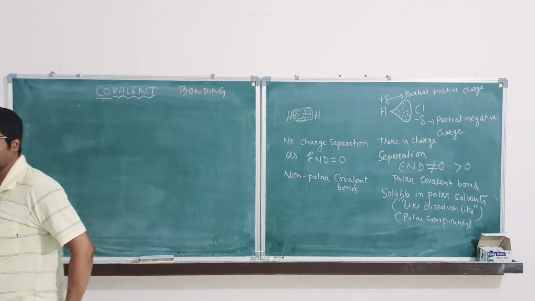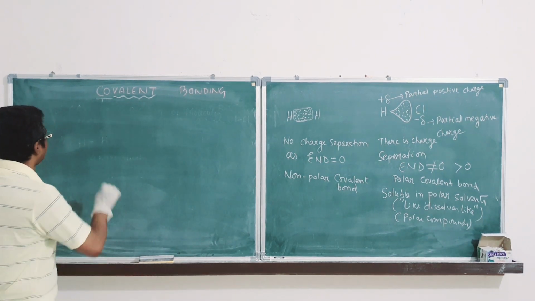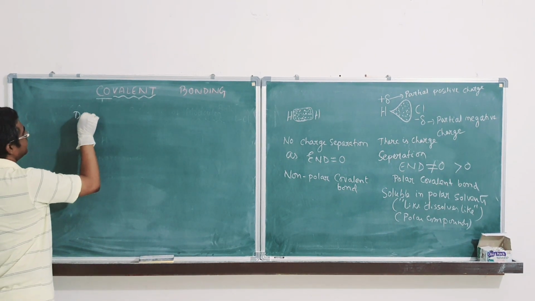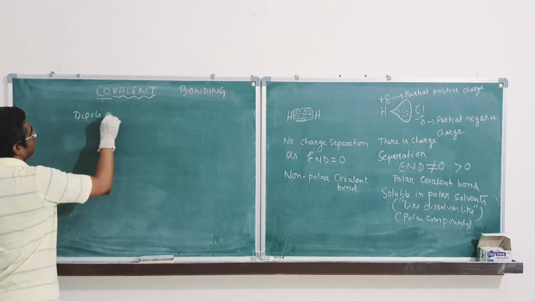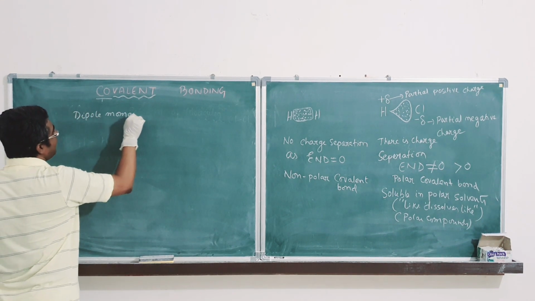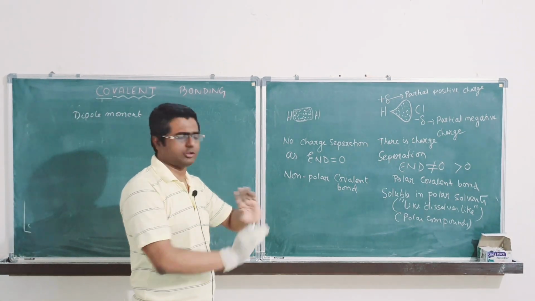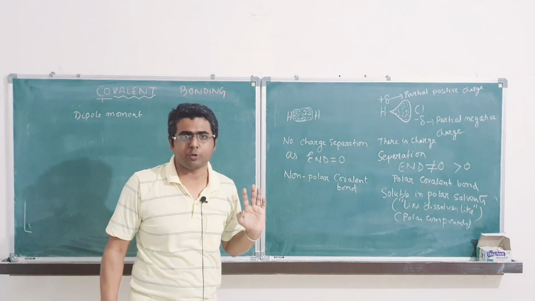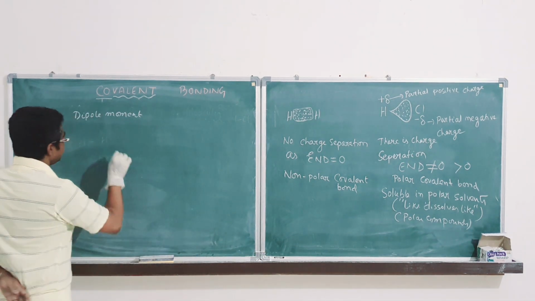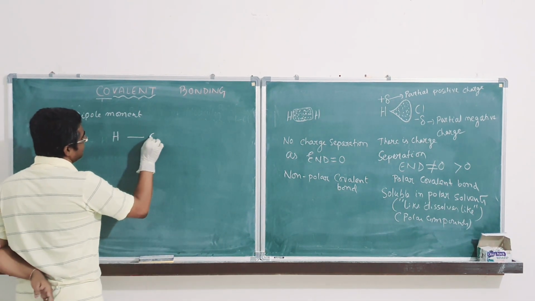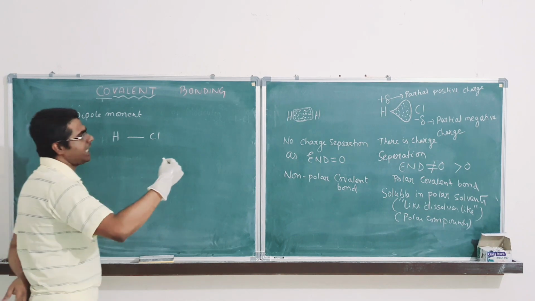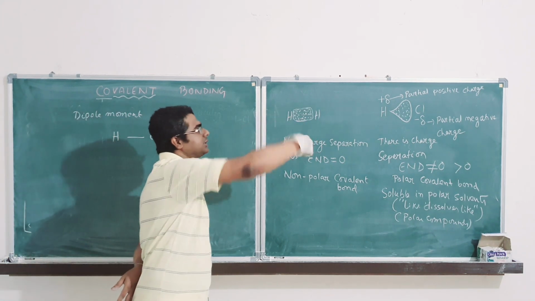See, while we are talking about those bonds, there is a term called dipole moment. Moment, you know, moment is basically movement. So movement of electrons towards an element is called dipole moment towards an atom. If we talk about HCl, then we have known the electron charge moved towards the chlorine.